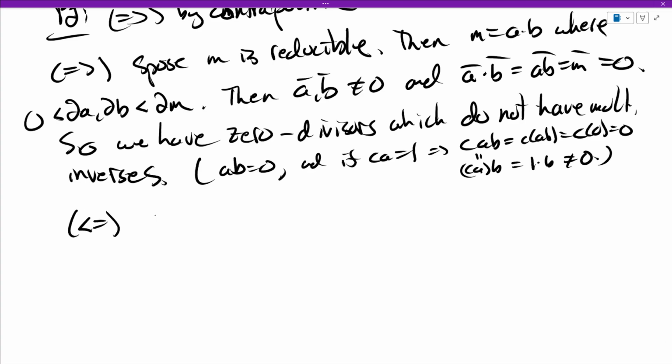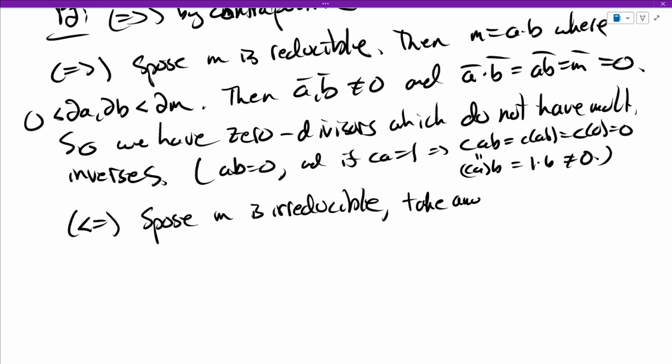In the reverse direction, we're going to suppose M is irreducible. Then what? Well, take any A bar in K[T] mod M which is non-zero.